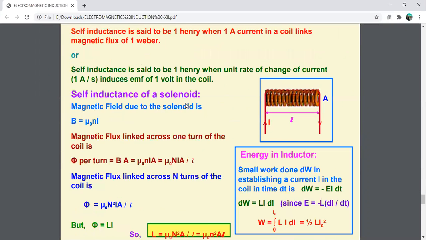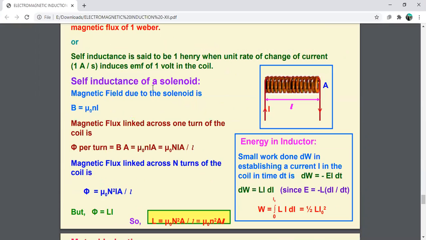Now come to the point, self-inductance of a solenoid. Because a solenoid itself behaves as an inductor. So a solenoid can be used to store electrical energy in the form of magnetic energy.